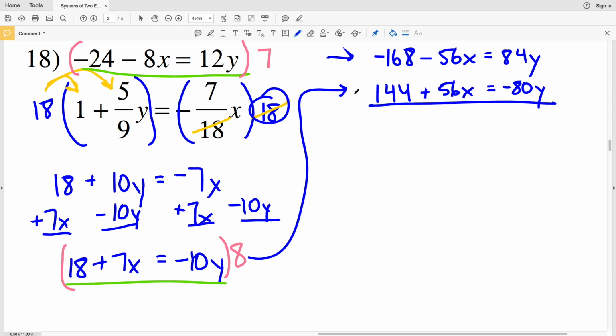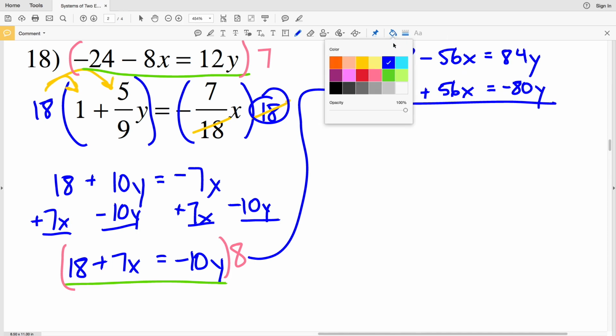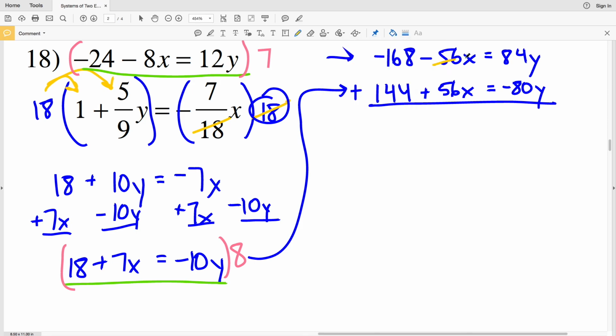Now I'm going to be adding these two equations together because negative 56x plus 56x is 0. So I have negative 168 plus 144, which will give me a negative 24. And that's going to be equal to 84y minus 80y, which is a positive 4y.